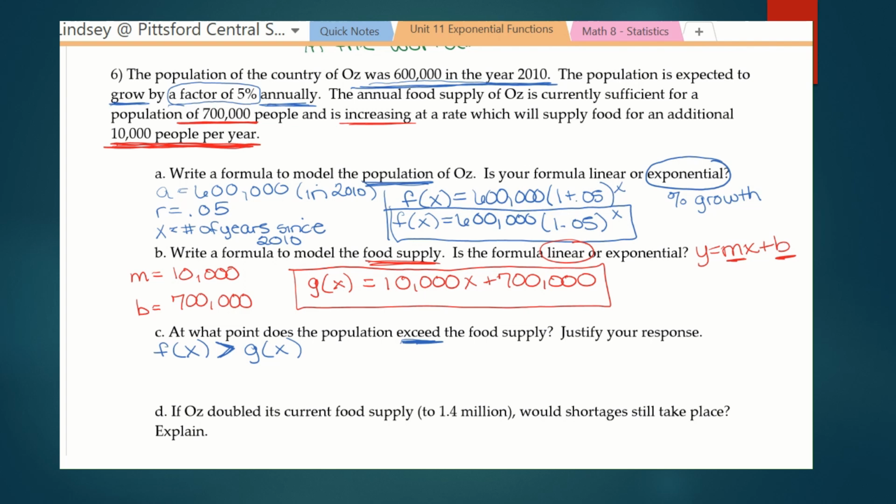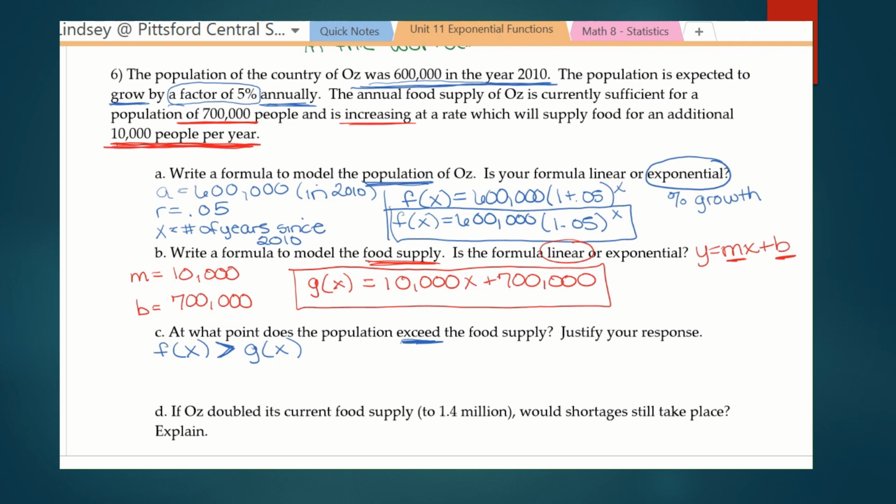I'm going to do both functions, and I'm going to take a look at each of their tables. Remember, if you're using your NSpire to graph two different functions, you could graph them both on the same coordinate plane. You just hit the tab key. You'll insert one function, and then you'll hit tab, and then you'll insert the second function.